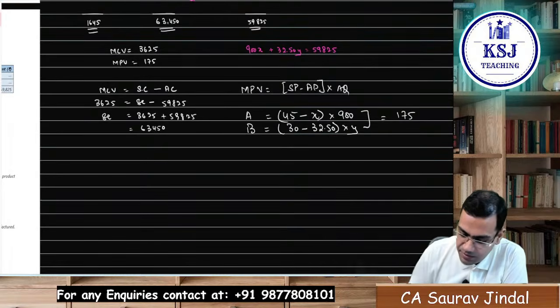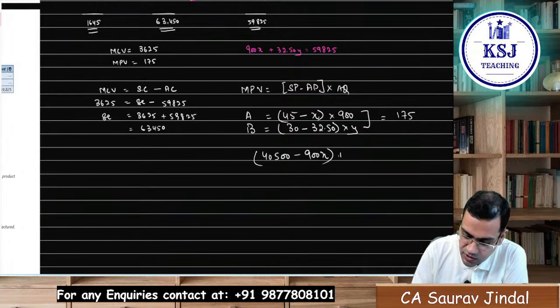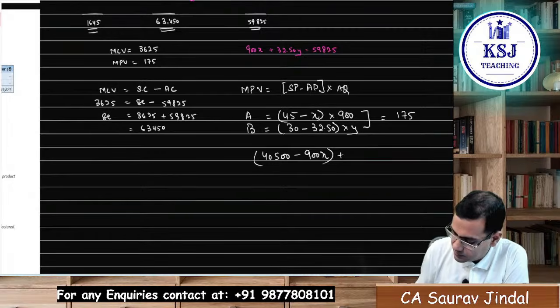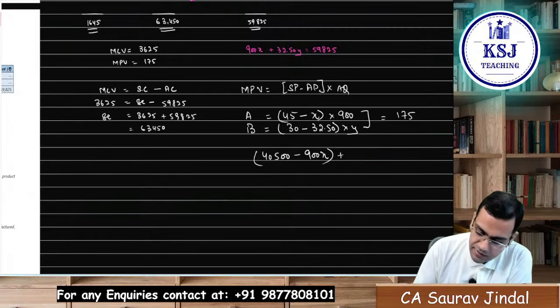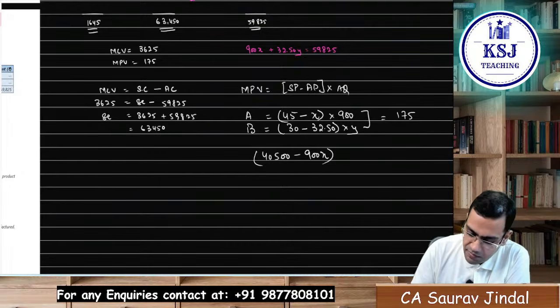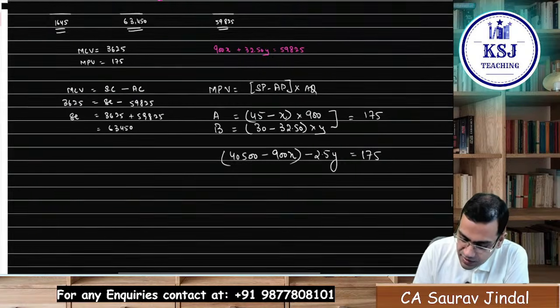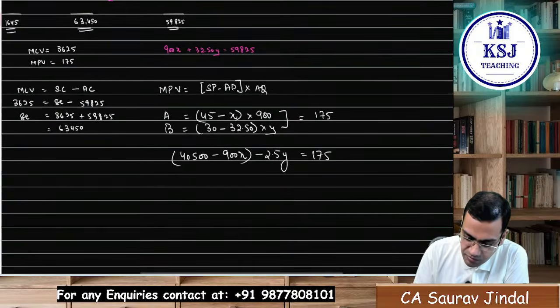It will be 45 times 900, that is 40,500, minus 900X, plus 30Y minus 32.50Y, that is minus 2.5Y, equal to 175. Right? So this is how the equation will be formed, sir.